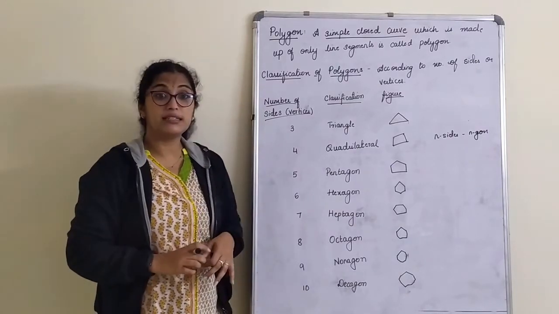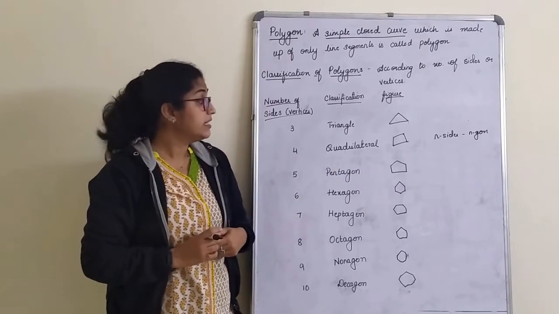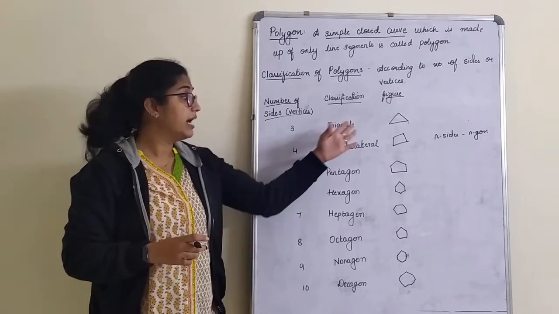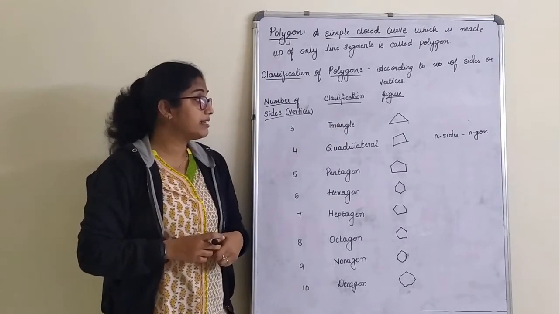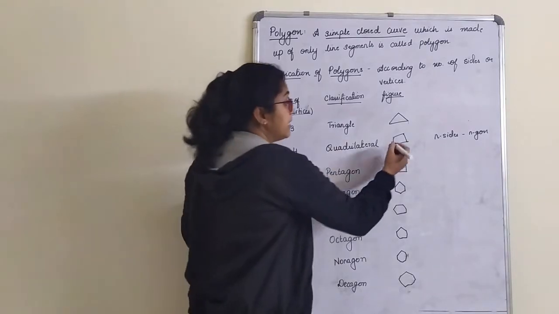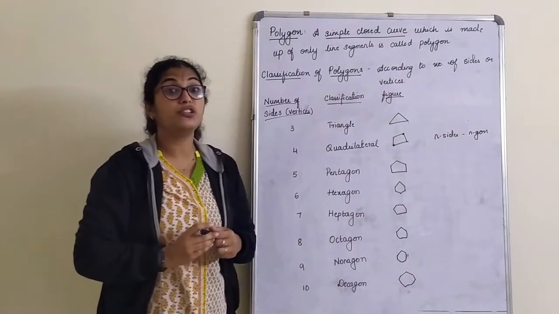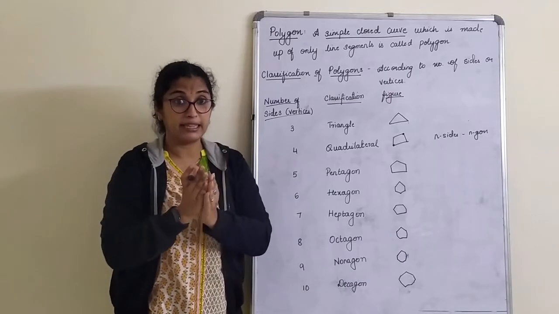Now let us understand how many diagonals a polygon will have. If I ask you how many diagonals a quadrilateral will have, what will you say? A quadrilateral will have 2 diagonals. What do you mean by a diagonal? The line segment joining opposite vertices of a given polygon is called a diagonal.